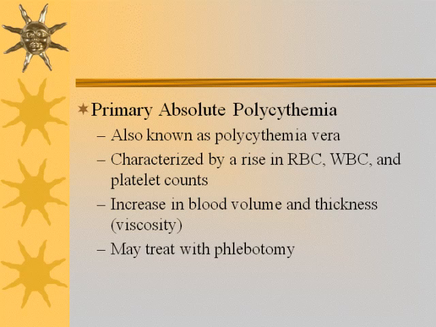And usually the blood volume and the thickness of the blood is increased as well. The way you treat this is by phlebotomy. You take out blood. You have to remove enough blood that they're at a blood count a little bit lower than what you would consider normal in order for their blood to circulate appropriately.